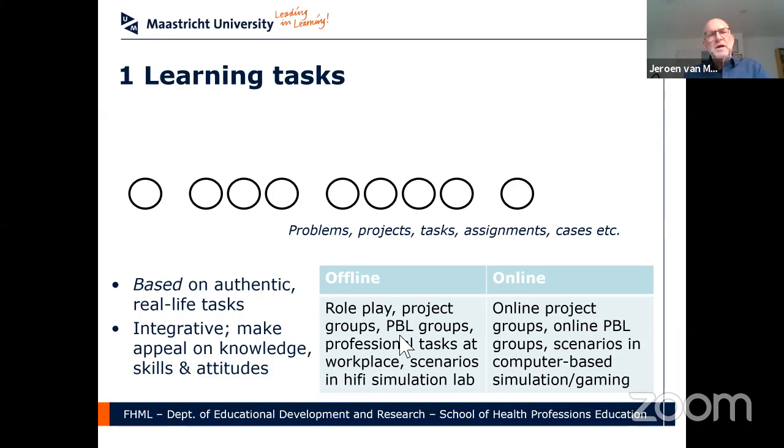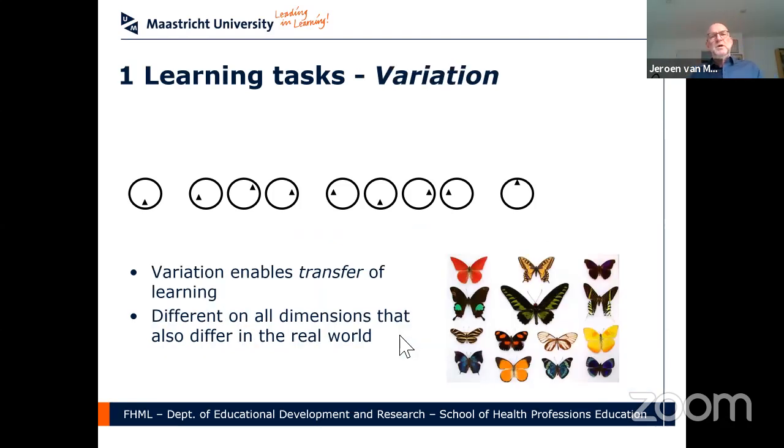In the 4C/ID model, we then pose a number of requirements to the learning tasks. And the requirements relate to variability, simple to complex sequencing, and decreasing support and guidance. Well, let's have a closer look at these requirements to the learning tasks that we provide to our students, to our learners. To start with variation.